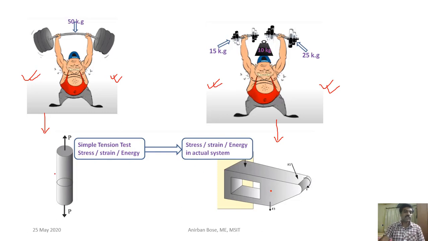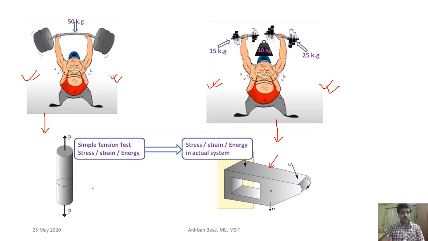Similarly here, these two situations are not exactly the same, but we want to predict in this way so that we can save a lot of time and a lot of money, because to actually predict this situation you would have to run an experiment with the actual scenario. But instead of doing that, if we use this tensile test data which has already been published, it will be much easier. But we have to be very careful that our prediction should not be far away from the actual.